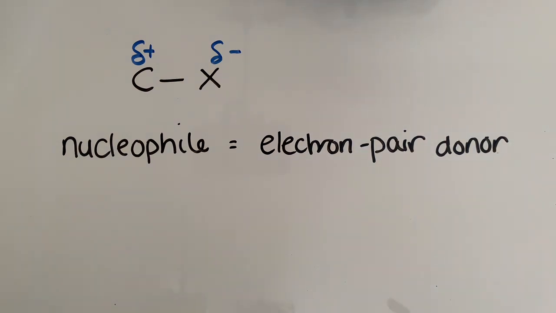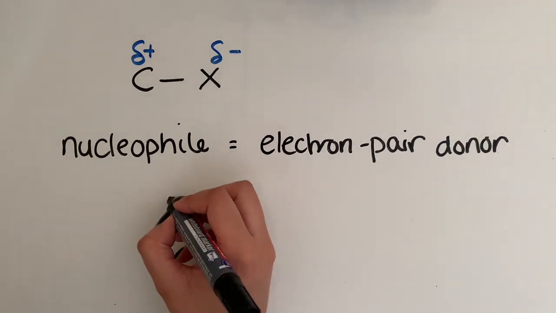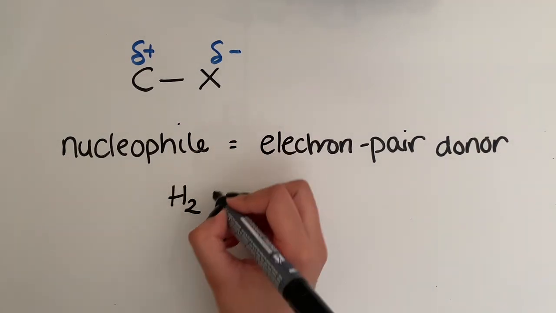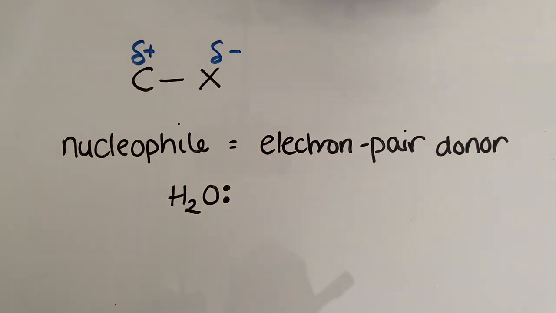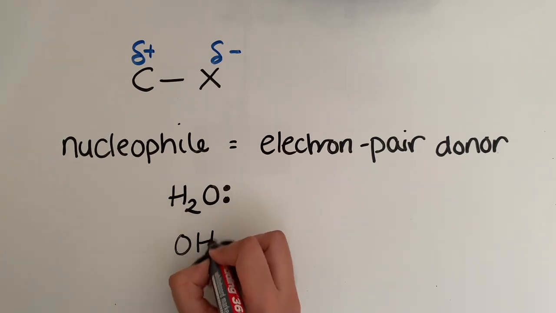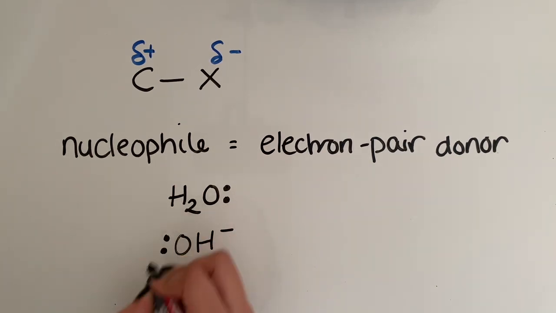A good way of identifying nucleophiles is that they usually have a lone pair of electrons. Examples of nucleophiles that we may look at are water, which has not just one but two lone pairs of electrons on the oxygen. We've got our hydroxide ion, which has more than one lone pair of electrons on the oxygen.